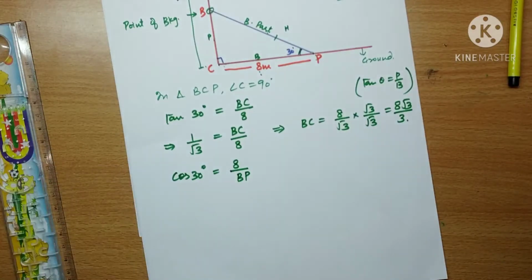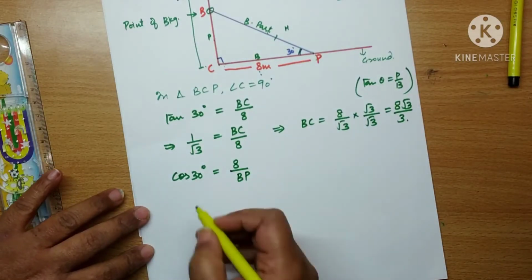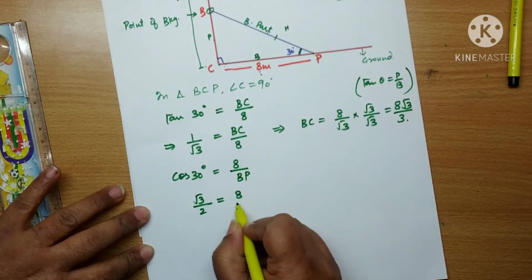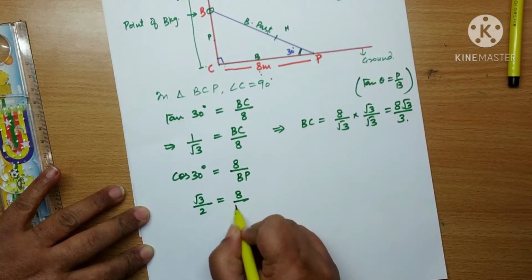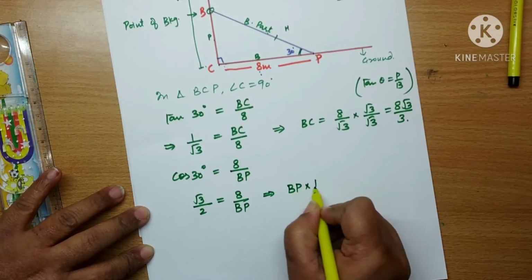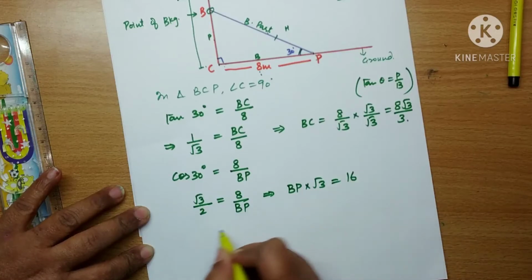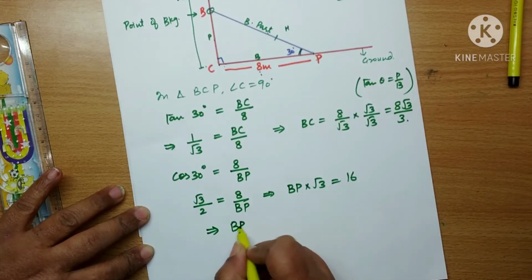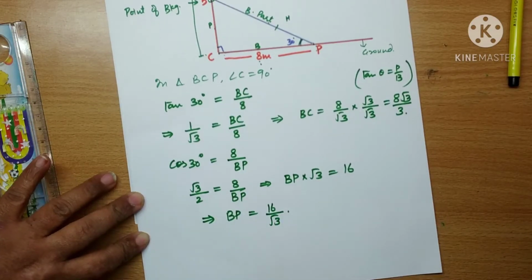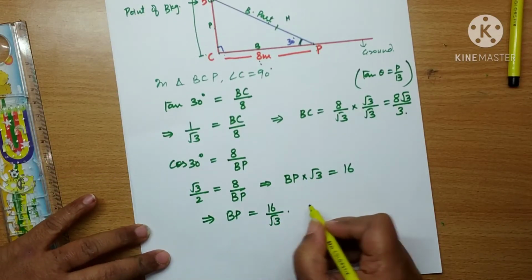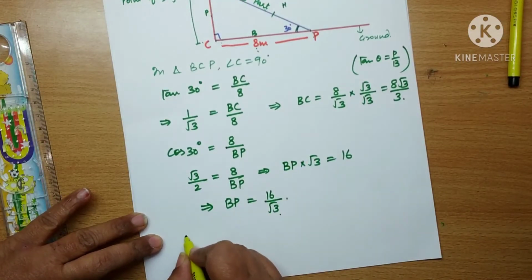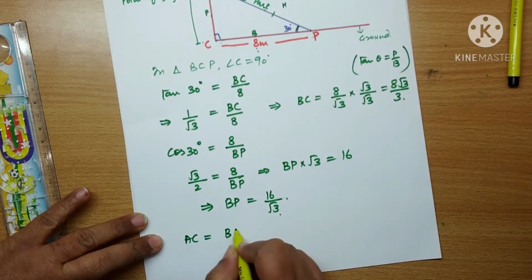And what is the value of cos 30? Cos 30 is root 3 by 2 is 8 by BP. So we get, children, BP into root 3 is 16. So I get BP as 16 by root 3, which I can rationalize, since we need to find out AC, so AC is our BP plus BC.